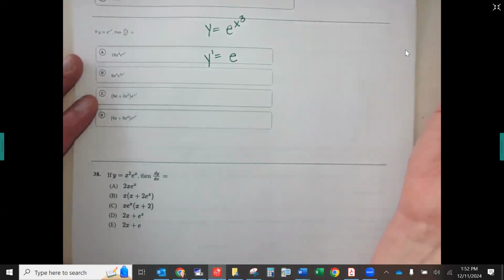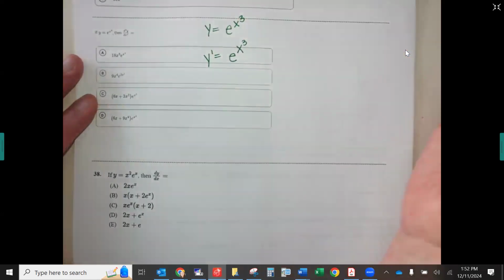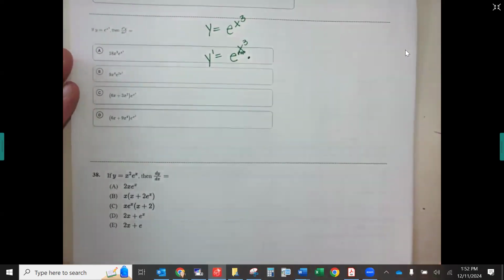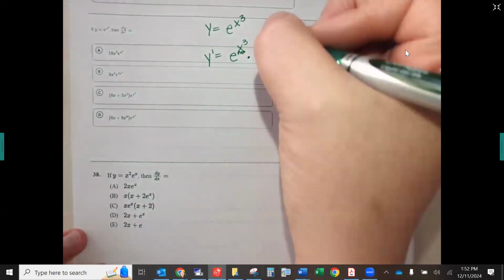So e to the x cubed would be e to the x cubed again. But then you go in one layer and you multiply the derivative behind it, remember? So if it's e to the x cubed, your derivative will be its own self again, but then when you go in one layer, you're multiplying by the derivative of x cubed. What would that be? Okay, very good.